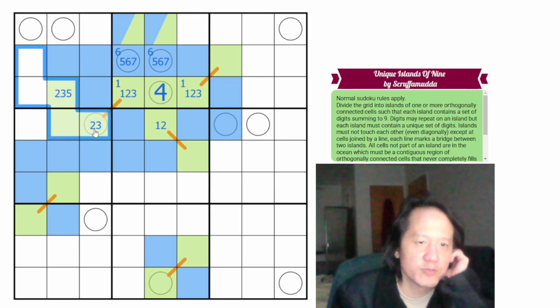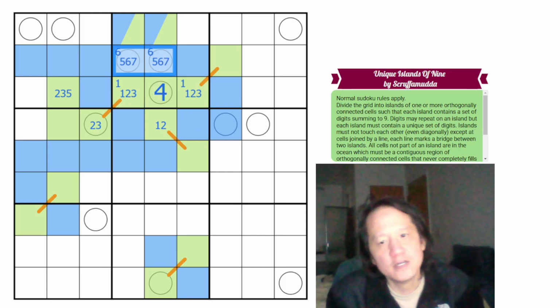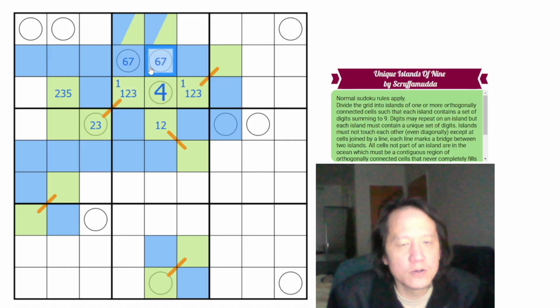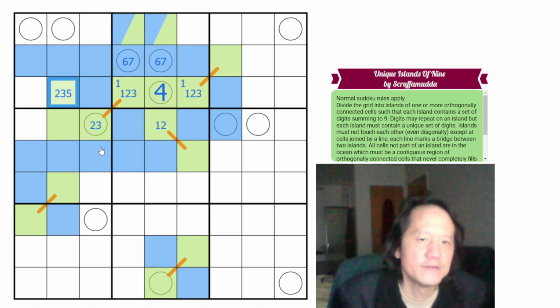That would add up to 10, which is not allowed. So this cannot be an island cell because it doesn't have a bridge to it, and it can't be part of this island. So therefore, this has to be an ocean cell, which makes this 6 and 7. We know this is 6 and 7. Okay. This is 2, 3, or 5.